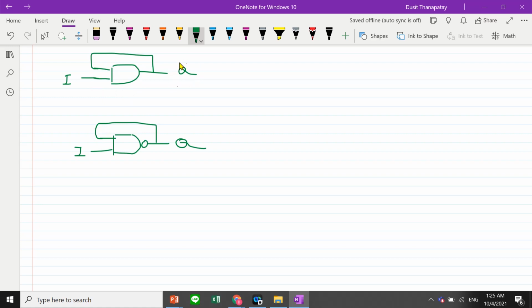Okay, if I want to know the output value, again, because of digital circuit, every variable can have only two values, 1 or 0, right? So if I analyze this circuit, I will consider when input I is 1 and when input I is 0.